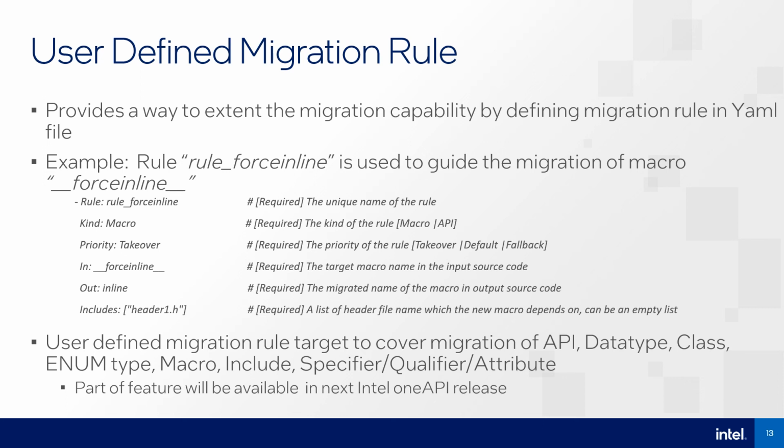The rule guides SYCLomatic to migrate the macro FIRST_IN_LINE to the macro INLINE. User-defined migration rules have the target to cover more syntax, like migration of API, data type, class, and so on. Part of the feature will be available in the next Intel oneAPI release.